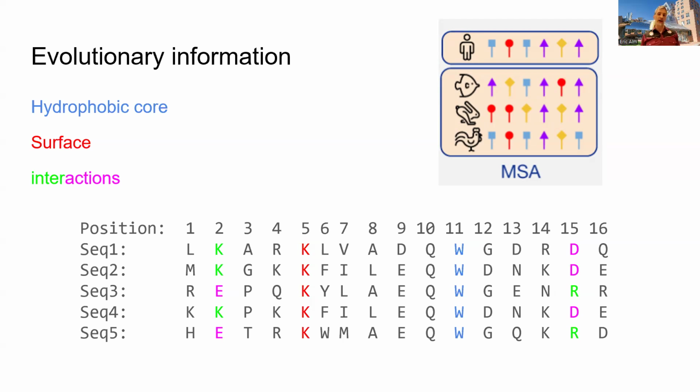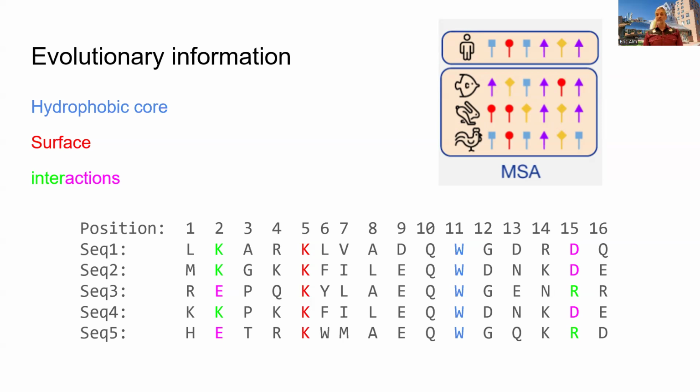Whereas if I have something like position 11 here in blue, tryptophan, and it's conserved across all my different species, well then maybe that is buried in the hydrophobic core, because I know those charged and polar residues want to be on the surface, and the hydrophobic residues want to be buried, because that minimizes their solvent accessible surface area, right?